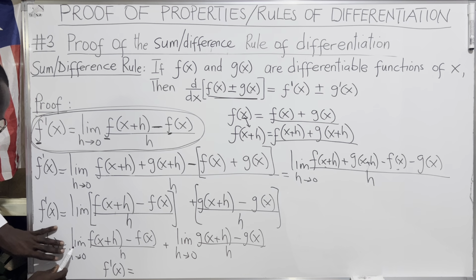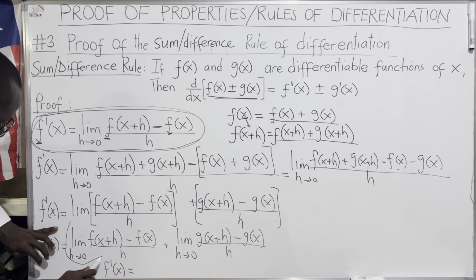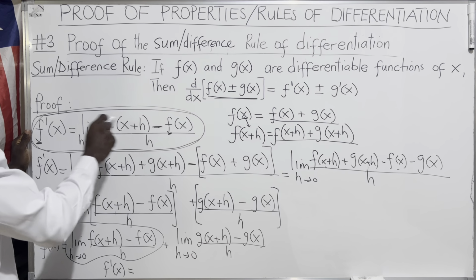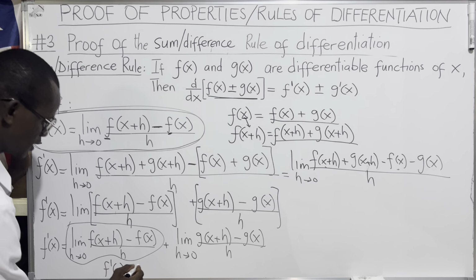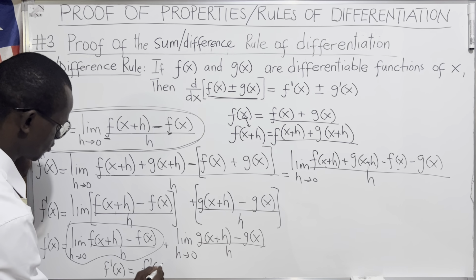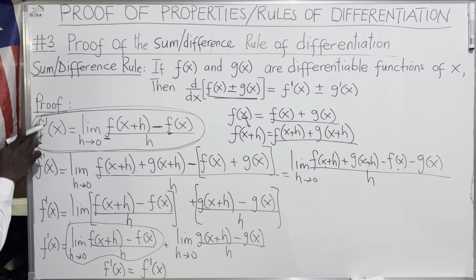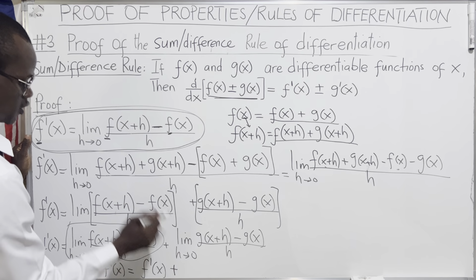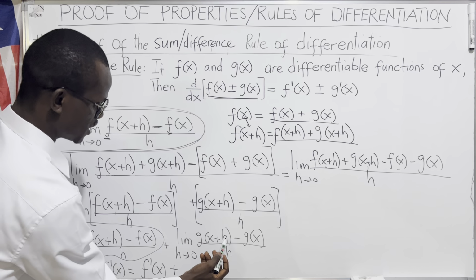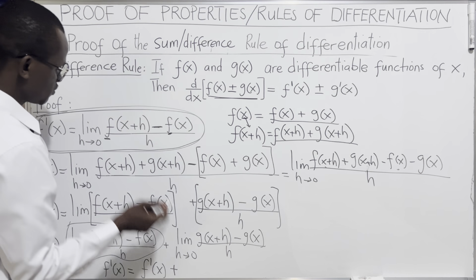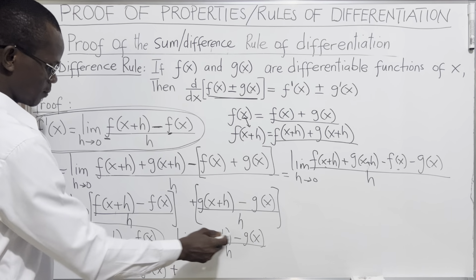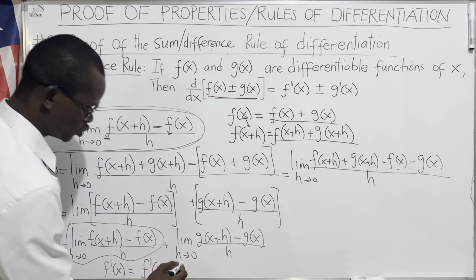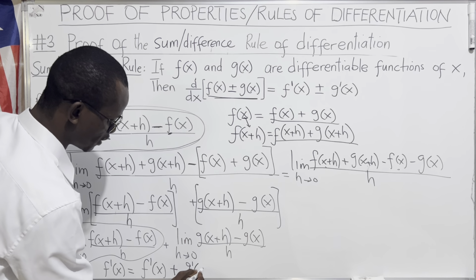So finally, we have f prime of x is equal to the limit of this whole thing. This entire function right here is just f prime of x, plus this function right here, g of x plus h minus g of x. If you just replace this f with g, you notice that instead of f prime of x, you will receive g prime of x.